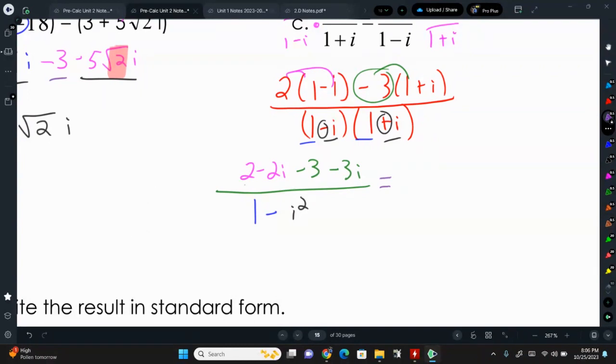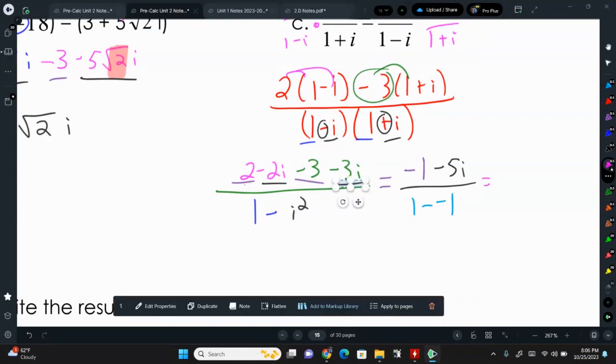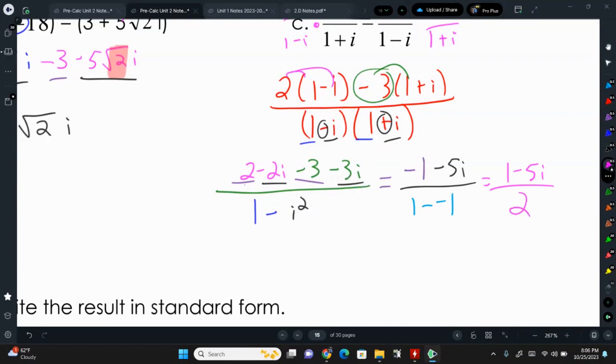So we have 2 minus 3 is negative 1. And then negative 2i minus 3i is minus 5i over 1 minus negative 1, because i squared is negative 1. So that will give us negative 1 minus 5i over 1 minus negative 1, which is 2.